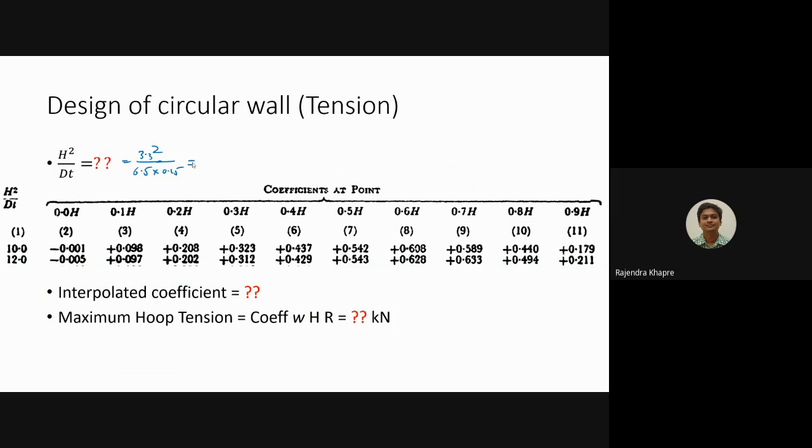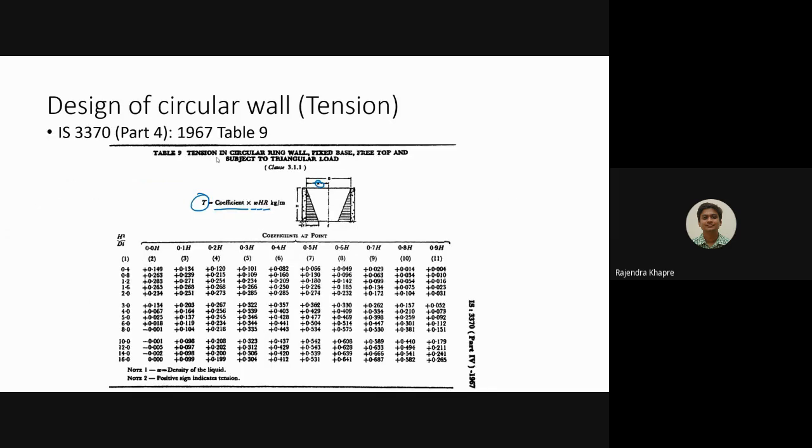It is 11 point something, exactly. Now if you refer to this table, you can find the h square by dt values.